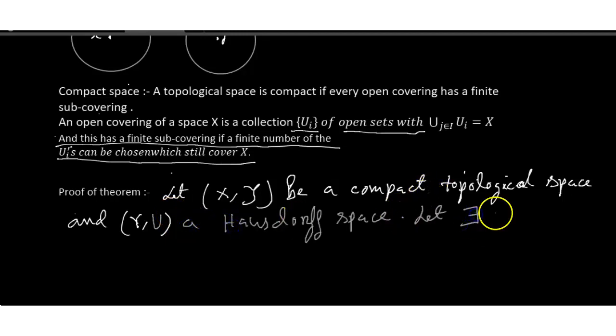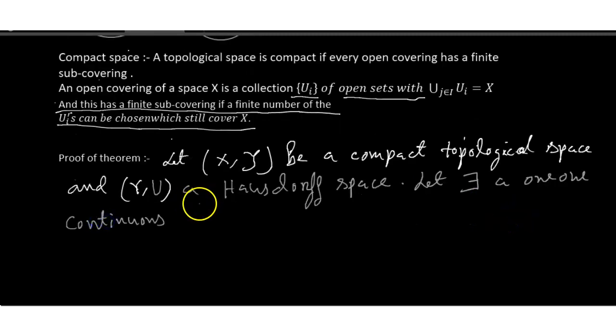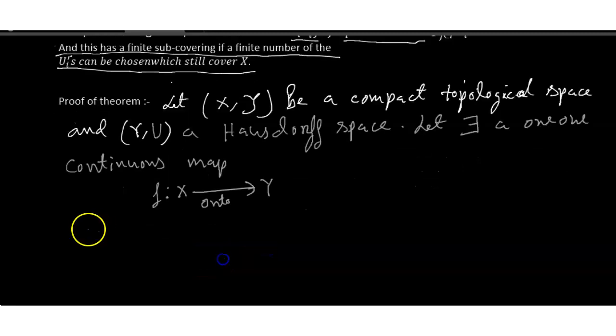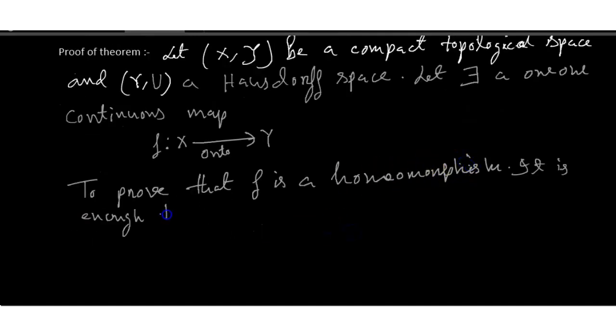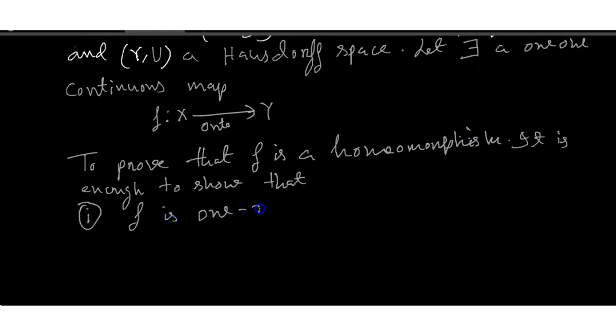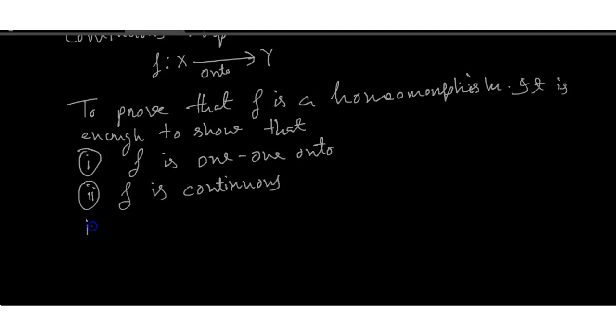Let there exist a one-one continuous map f from X onto Y. To prove that f is a homeomorphism, it is enough to show: number 1, f is one-one onto; number 2, f is continuous; and number 3, f inverse is continuous.